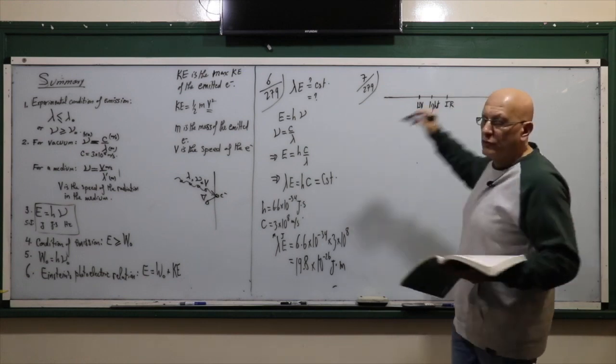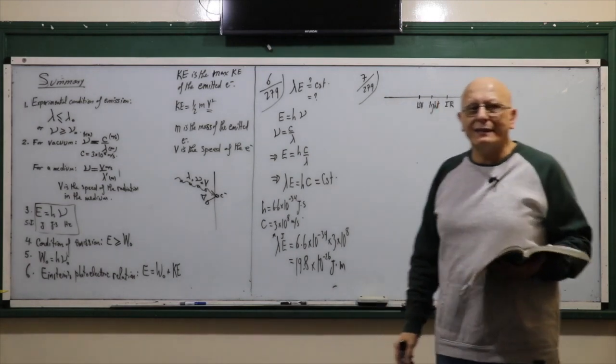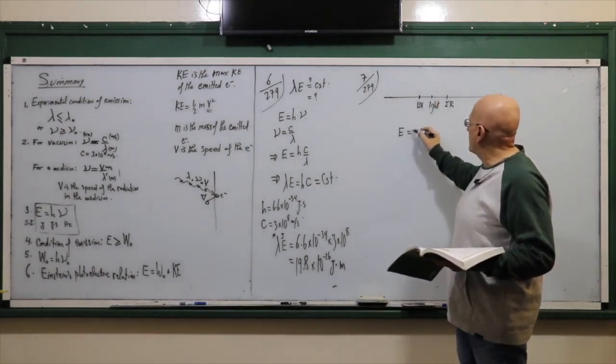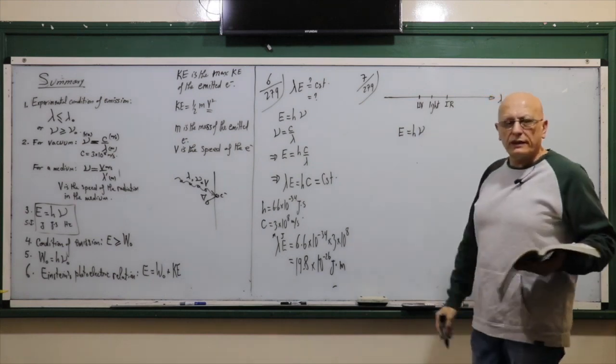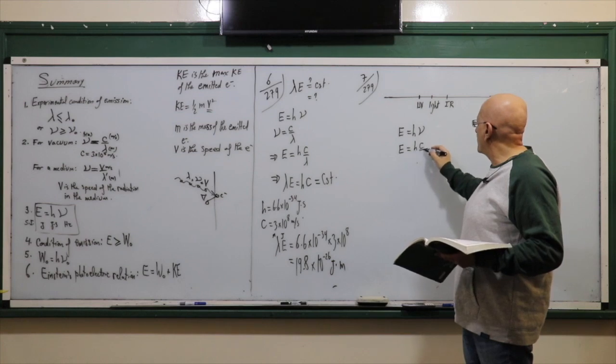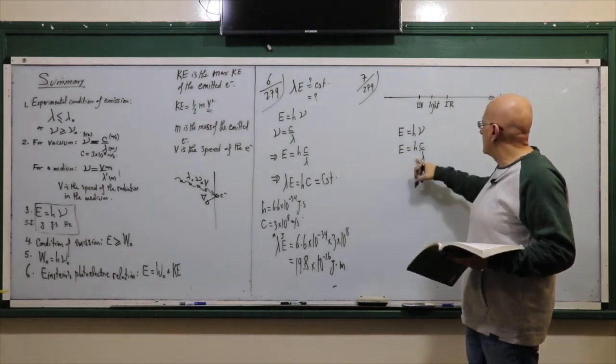These are arranged in increasing lambda. Look here, the energy of a photon is equal to h nu, and the energy equals hc over lambda.